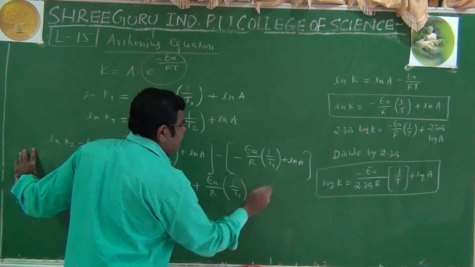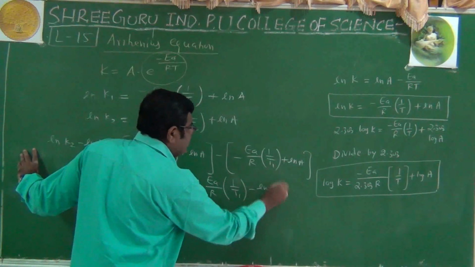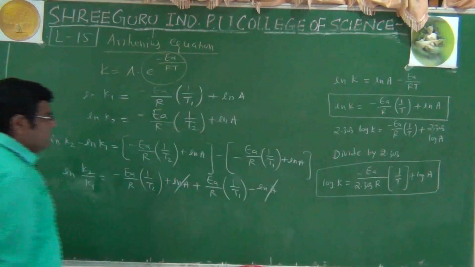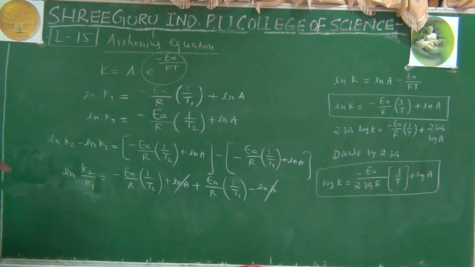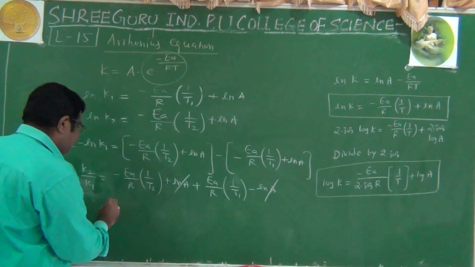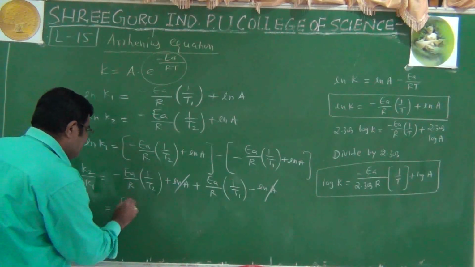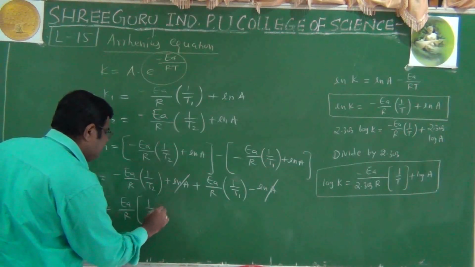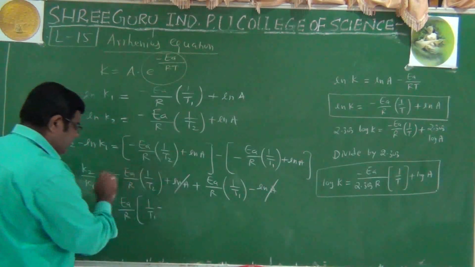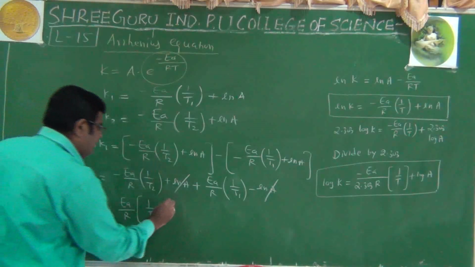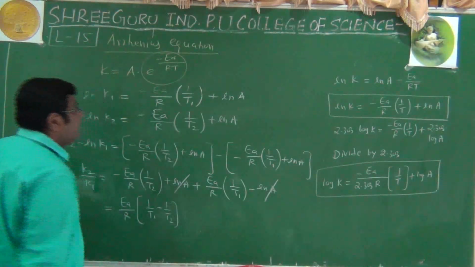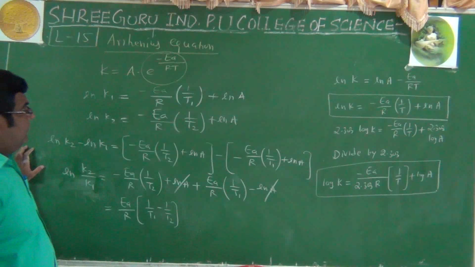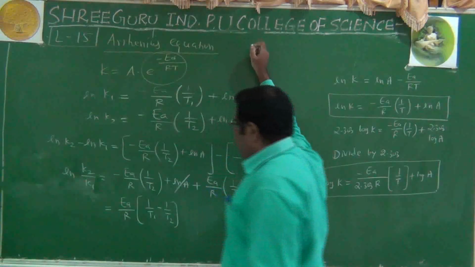This negative and positive becomes negative natural log of A. This positive natural log of A and negative natural log of A we can cancel. And we can write this as EA by R. We can make common here, 1 by T1, and if we put this term here, 1 by T2. And I will write the final form here.